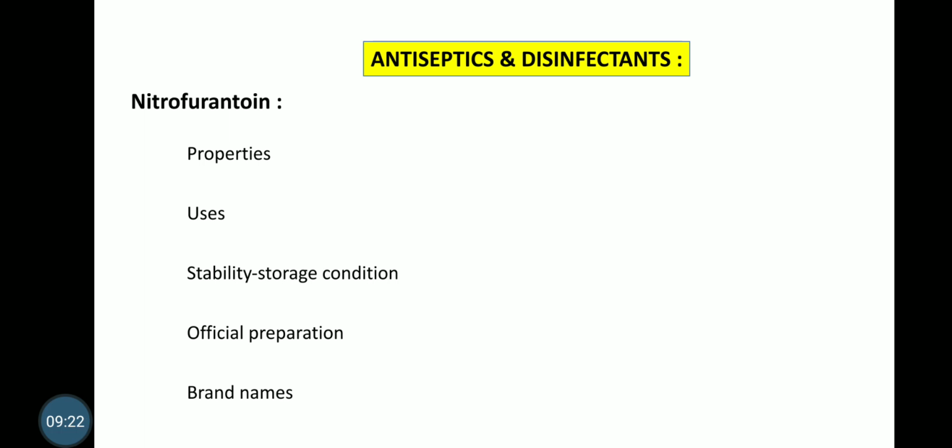Stability and storage: it is affected by light, therefore stored in well closed light resistant containers. Official preparations: nitrofurantoin tablet IP, nitrofurantoin mixture BP, nitrofurantoin suppositories BP. Brand names: Nephrogesic, Urantoin, Furadantin, Trifuran. These are your trade names.